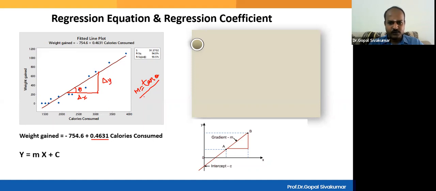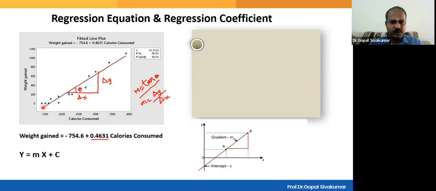Now you can find the same m using another method: m equal to del y divided by del x. That means del y is the opposite side and del x is the adjacent side, so once again you are finding the tan theta. So m is found to be 0.4631 by this method.